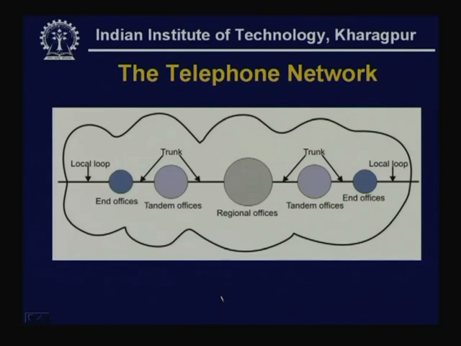Telephone network, as you can see, has these distinct components. First, the local loop. This local loop is connected to the user. Here you have your handset, and your handset is connected to the local loop. This local loop is essentially an analog line which has a bandwidth of only 4000 hertz, and that is adequate for voice communication.